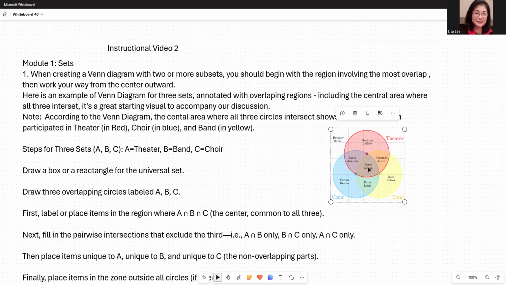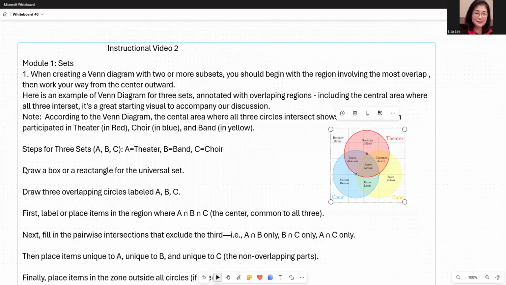According to the diagram, you can see we have 2 people only, Karen and Jordan, in the central region here. That shows they participated in theater, band, and choir.